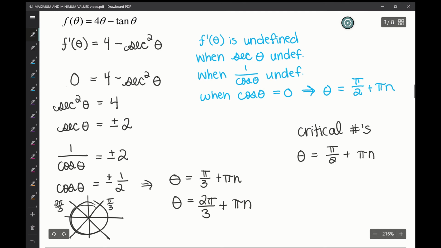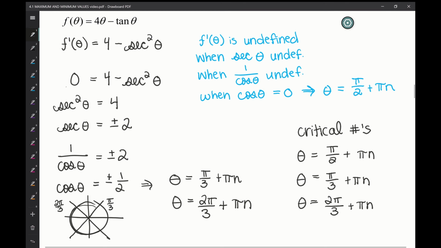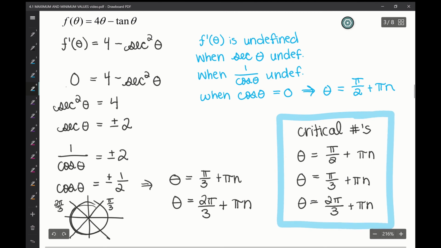Also, where our derivative is equal to 0, so pi over 3 plus pi n, and 2 pi over 3 plus pi n. There's a couple other ways that you could write this as well. These could probably be combined together. But here are our critical numbers for this function.